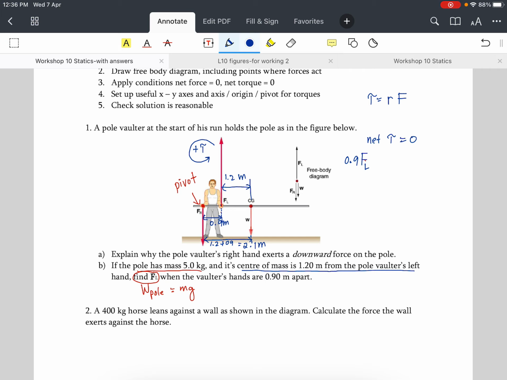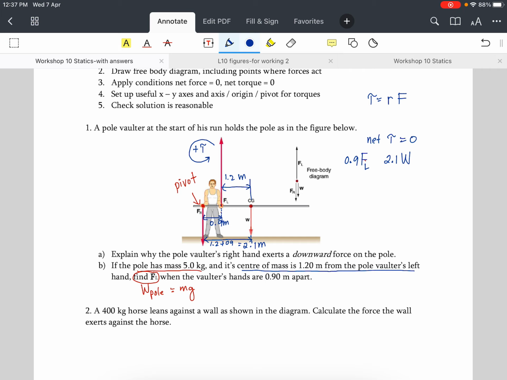Now that we've determined the torque due to FL, let's determine the torque due to the weight. So again, torque is equal to lever arm, which is 2.1 meters, the distance between the weight force and our chosen pivot point. So that will be 2.1 multiplied with the weight force. Right, now next determine the sign of the torque.